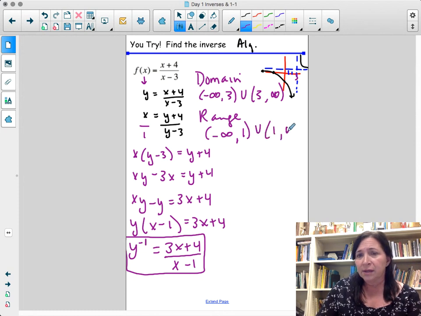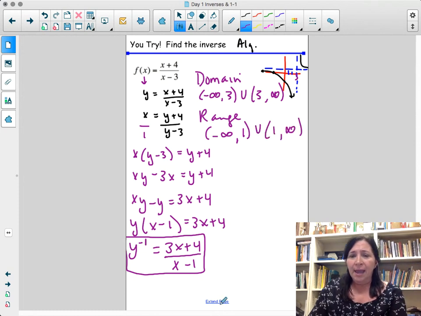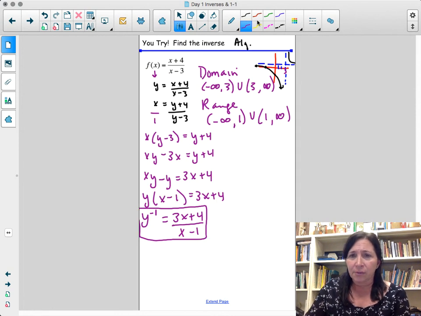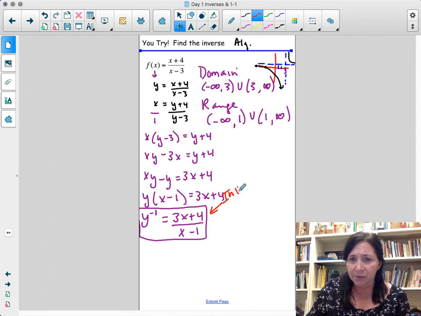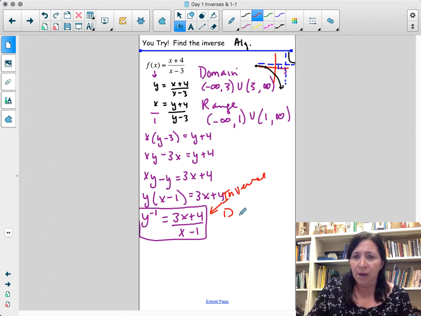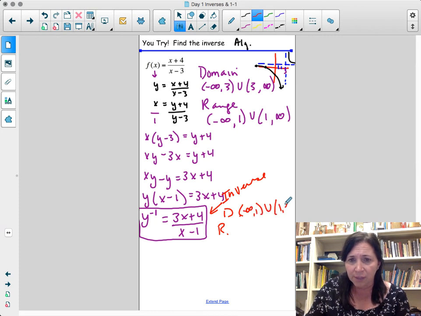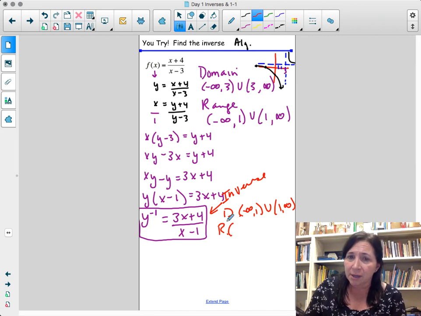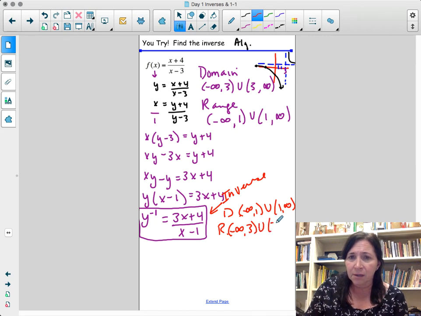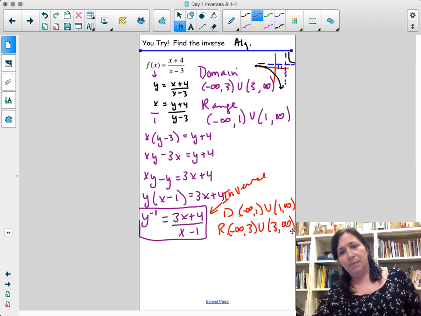Union 1 to infinity. And my new range and domain for my inverse function, there's my inverse, is going to be the switched out. So my domain is my range. So domain is going to be negative infinity to 1, union 1 to infinity. And my range is going to be my domain for the original equation, and that's going to be negative infinity to 3, union 3 to infinity.